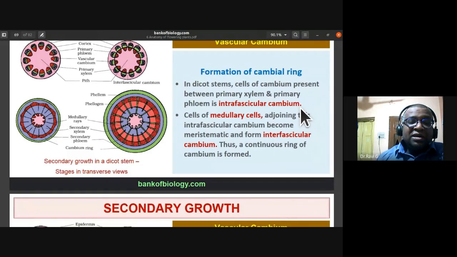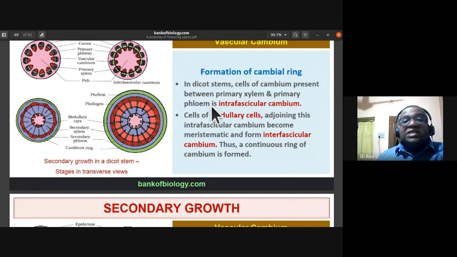But after secondary growth, we use the terms secondary xylem and secondary phloem, the newly formed ones. So the cambium present in between the primary xylem and primary phloem in the vascular bundle is intrafascicular cambium. Now you can understand why I was highlighting this word.